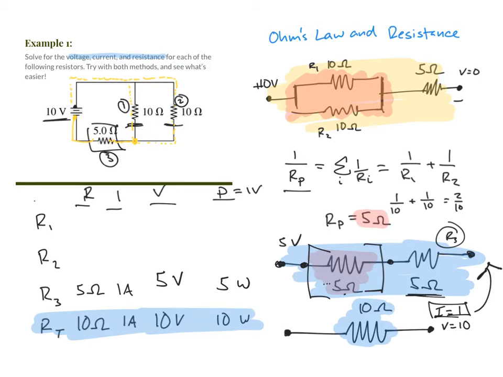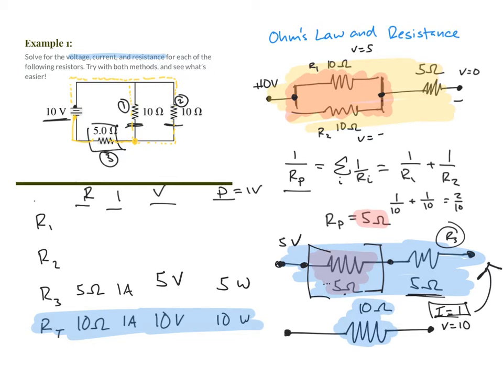Which means the potential between these 2 points on the circuit up here is also 5 volts. In a parallel circuit, voltage across each branch is the same as the voltage across the whole thing. So resistor 1 and resistor 2 both have voltages of, let's see, we calculated it as 5.